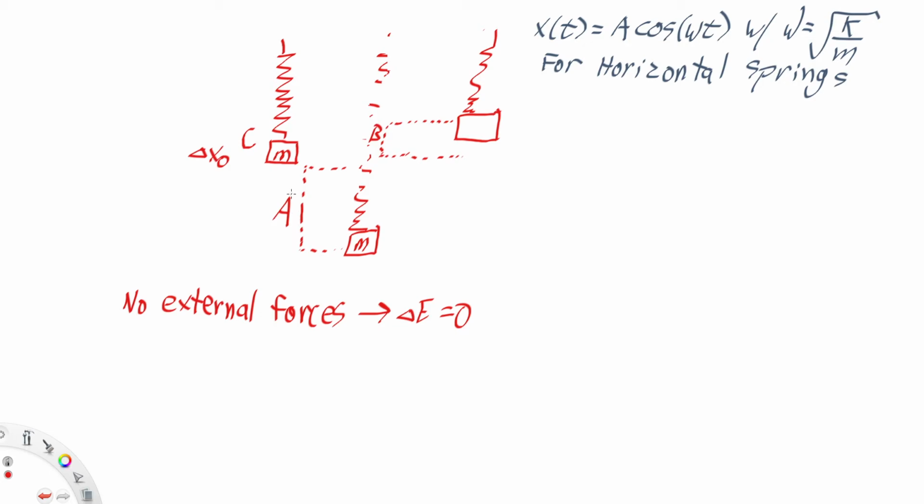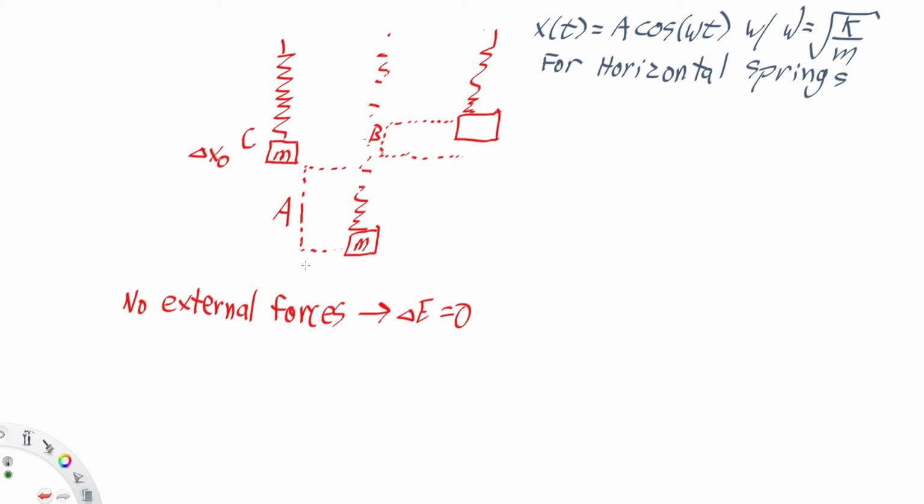So we can write down the energy at any of these 3 points and say that the quantity of energy is the same. For simplicity, we need to define a point where the height is 0.